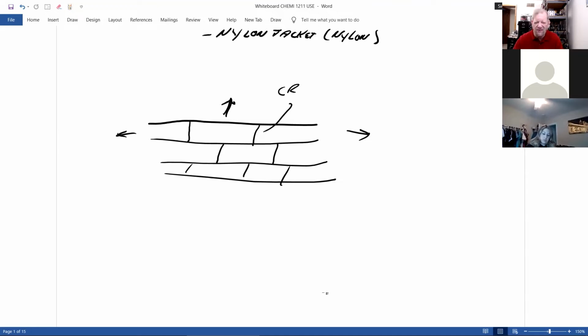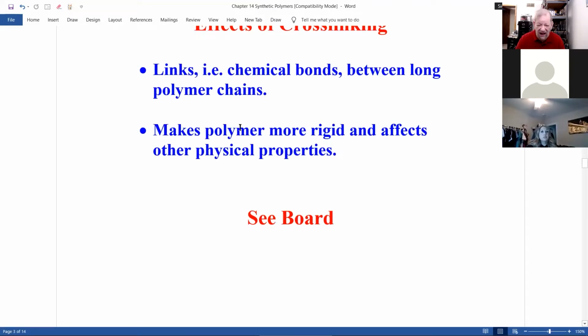And this is called cross-linking. And cross-linking made a big difference in polymer technology. It makes polymers more rigid and affects other physical properties, giving it better strength.